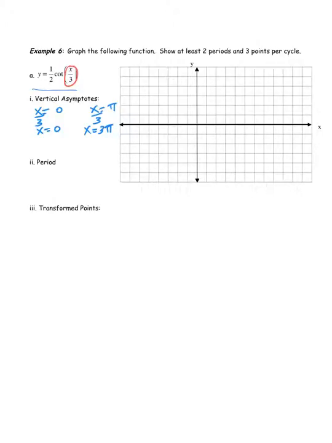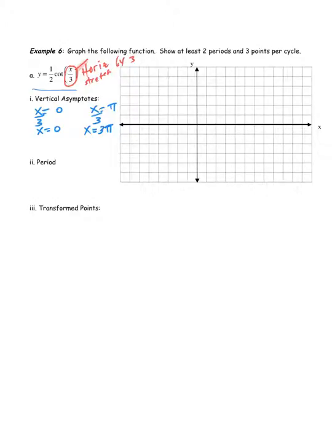Alternatively, we could think about the vertical asymptotes occurring at 0 and pi, and then if we replace x with x over 3, this is the same thing as a horizontal stretch by a factor of 3, which means that the vertical asymptotes are going to be stretched out by a factor of 3, so they're going to be at 0 and 3 pi.